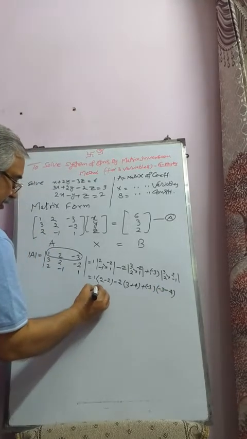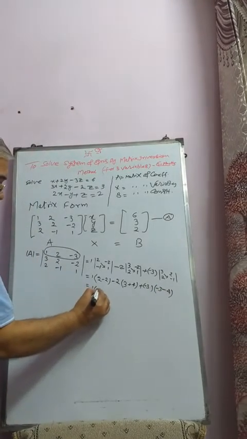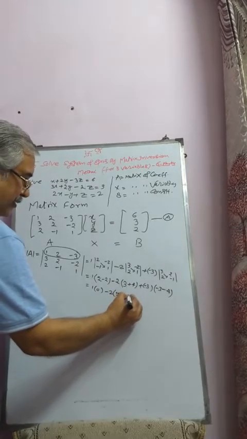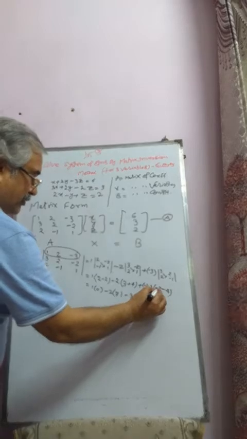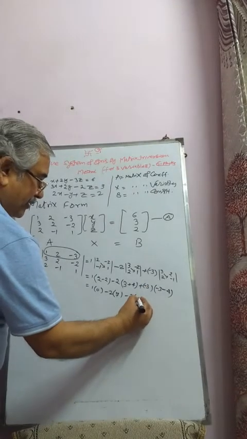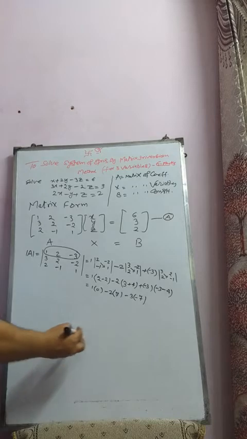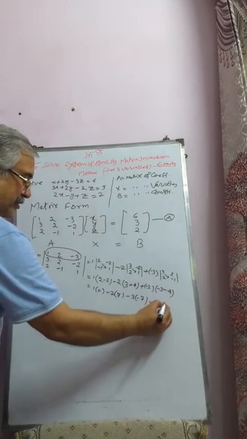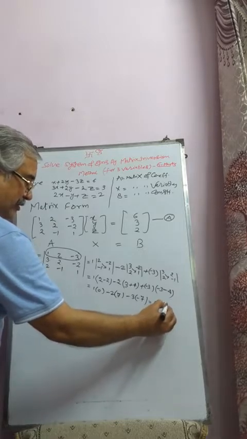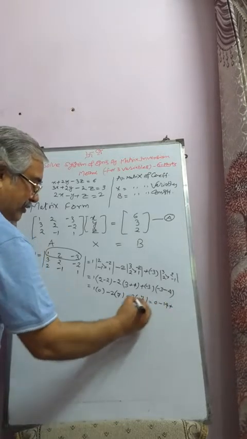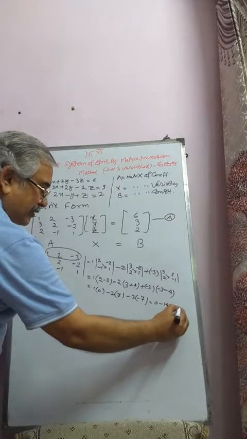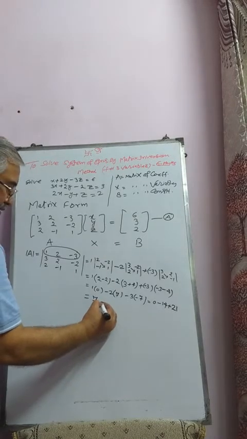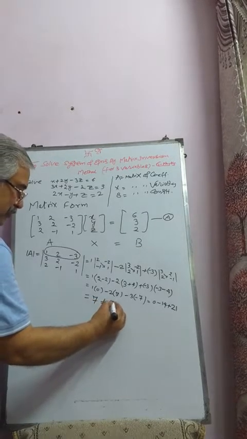Again simplifying: 1 into 0, minus 2 into 7, minus 3 into minus 7, that is equal to 0 minus 14 plus 21, which is equal to plus 7. This is not equal to 0.